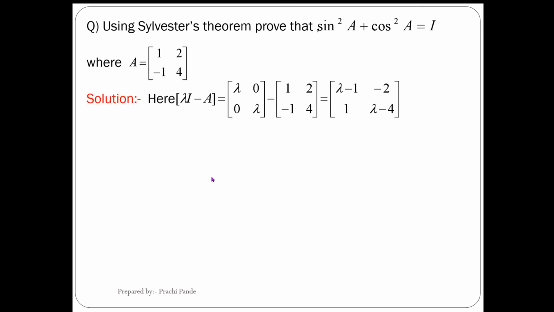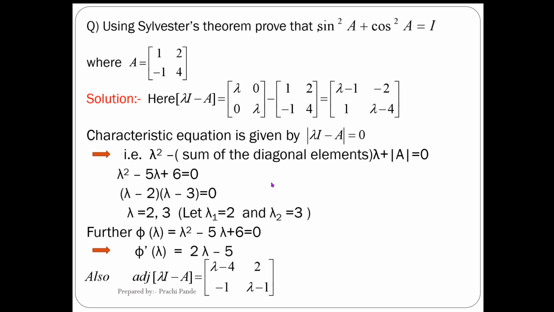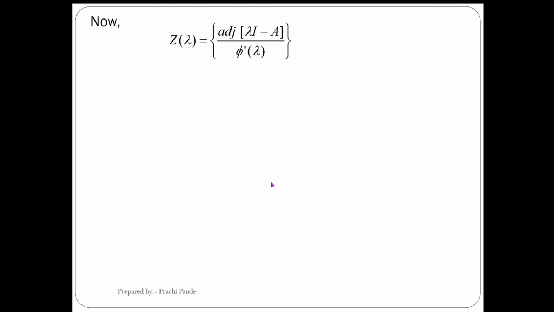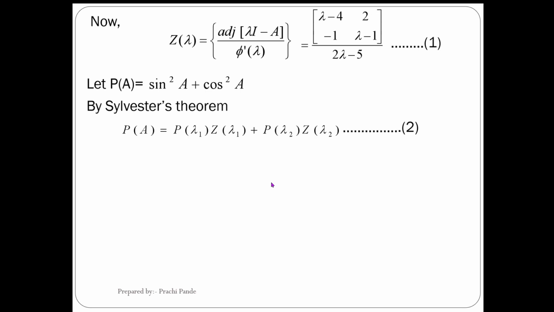So find the lambda I minus A matrix, obtain the characteristic equation, get the roots, denote phi of lambda, which is equal to the characteristic equation, take the derivative of phi of lambda to get phi dash lambda, obtain the adjoint of matrix lambda I minus A, define z of lambda, where P of A is equal to sin square A plus cos square A. By Sylvester theorem we get equation number 2.